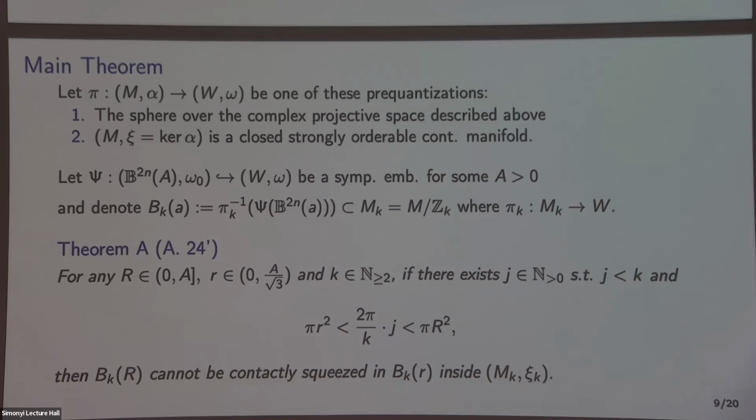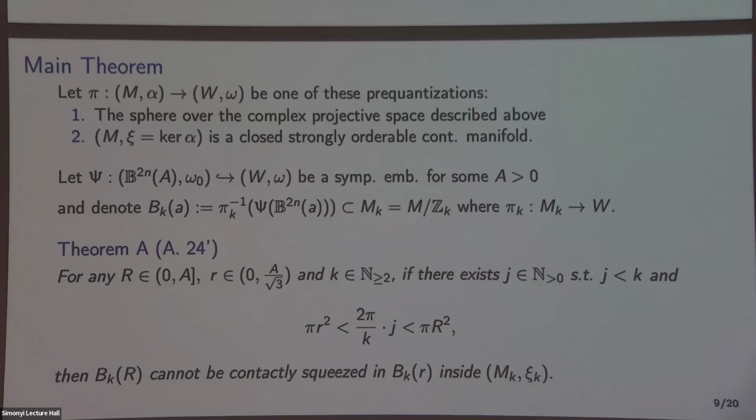Okay. And so maybe some comments. This is a bit technical assumption. We will see maybe during the proof why I need this technical assumption that little r is small enough with respect to my first symplectic embedding, so to A. But this is just a technical remark, so maybe we don't care too much about it.